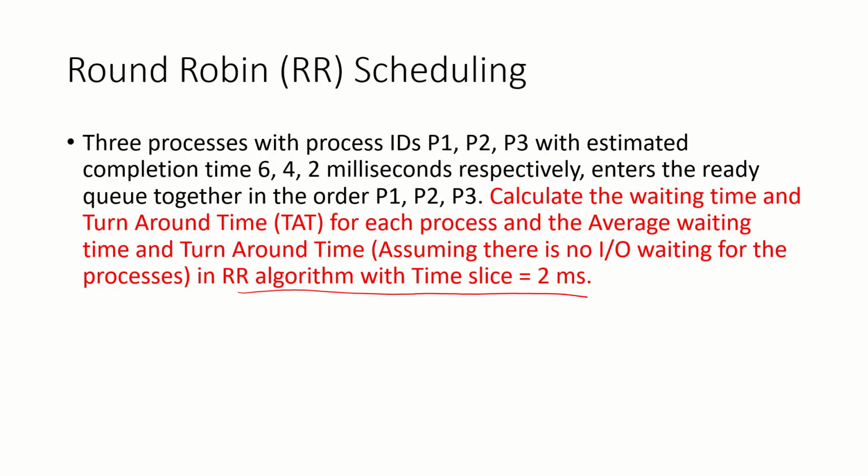Here we have to schedule each process only for 2 milliseconds. Then they will form a circular loop. They will take 2 milliseconds for execution, and after so many 2 milliseconds are over, they will complete. That we will see now.